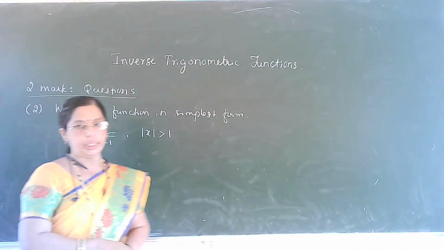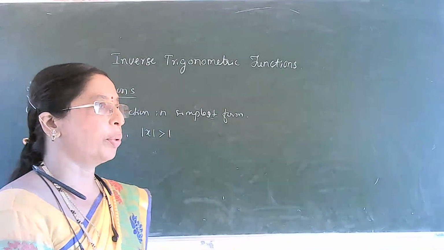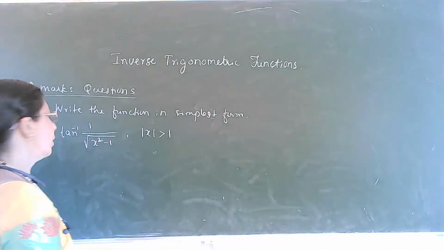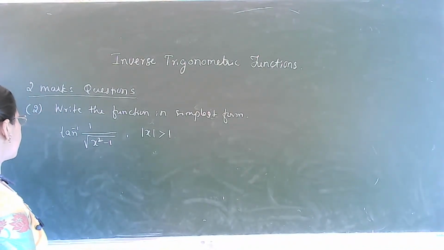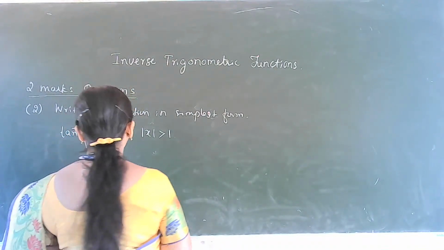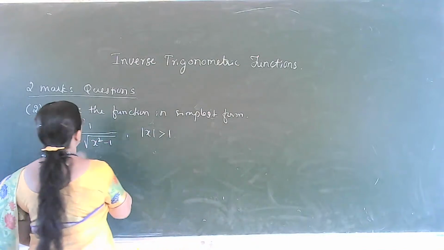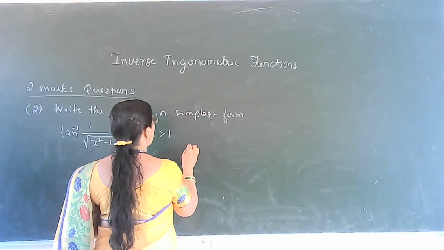Here there is no proof. LHS and RHS are not given here. But here we have to simplify the inverse function. This is simplified by substituting a trigonometric function in place of x. Here, x square minus 1.